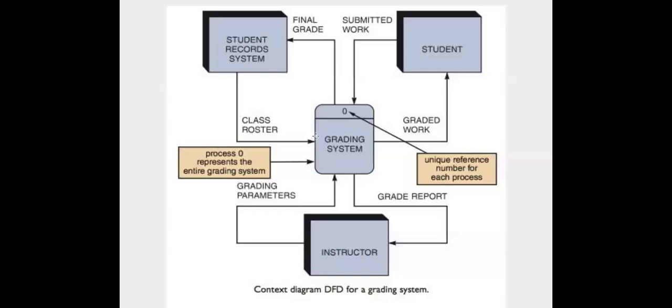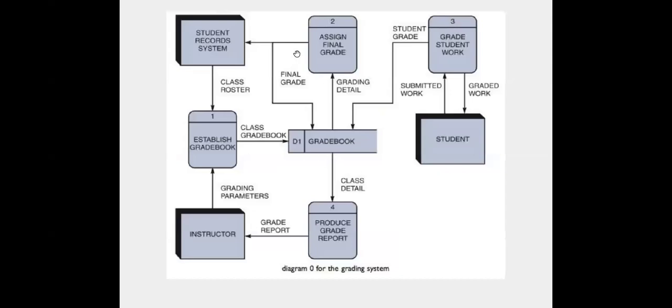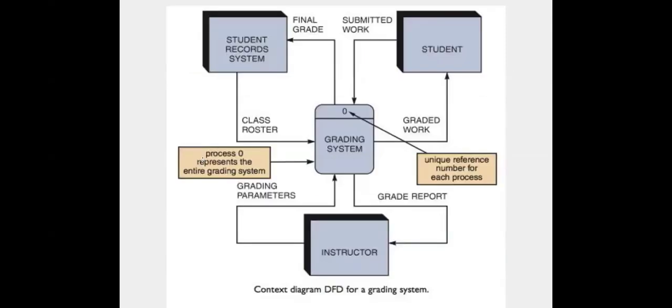We discussed a couple of examples, going from the grading system into details. In this particular case, we have a grading system, and then we can identify four different sub-processes as 1, 2, 3, and 4. You can see the same information here.